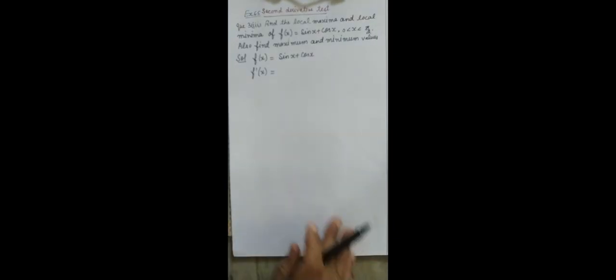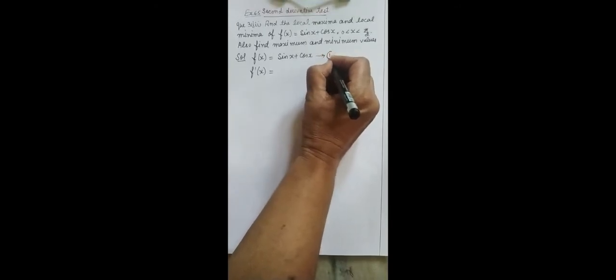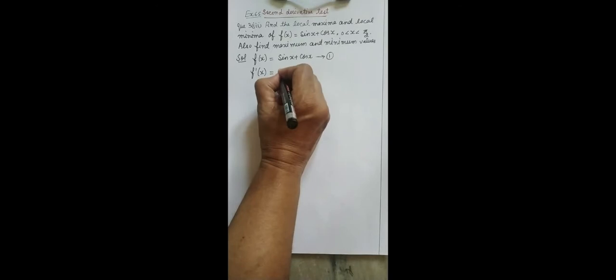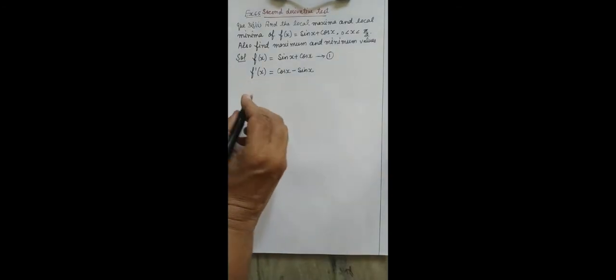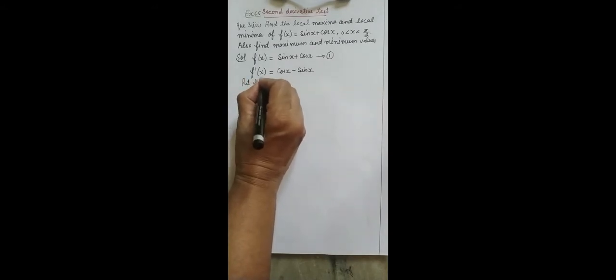Now dear students, you must be remembering what we did in the second derivative test. First of all, we will differentiate our given function. So differentiating with respect to x, it will be cos x minus sin x. Now I will put f'(x) is equal to 0.